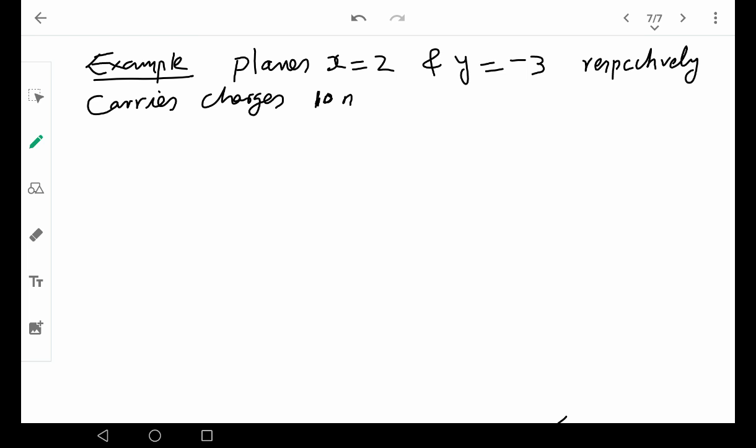coulombs per meter square and 15 coulombs per meter square.